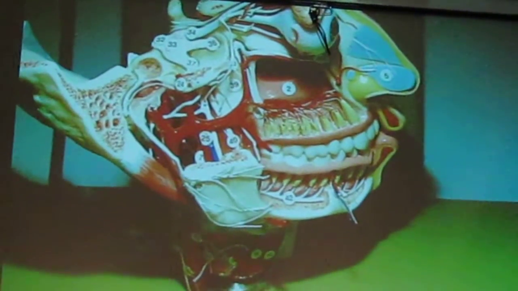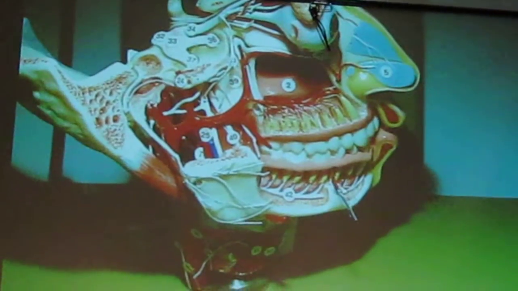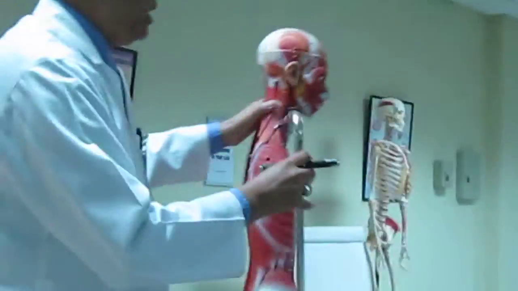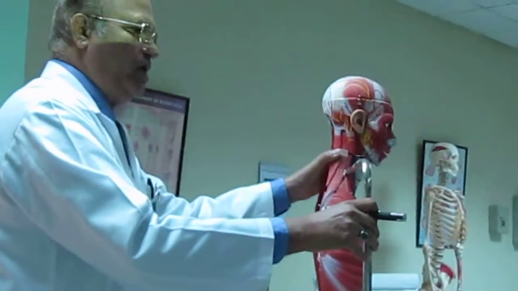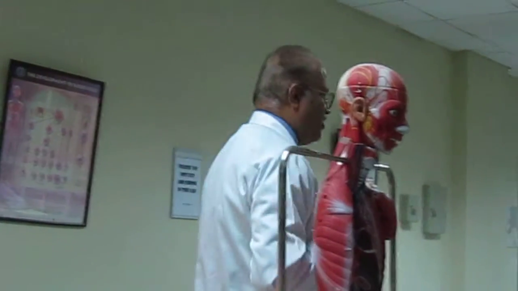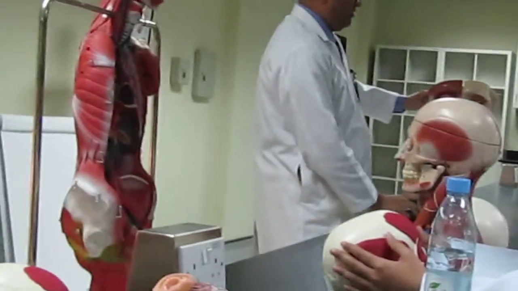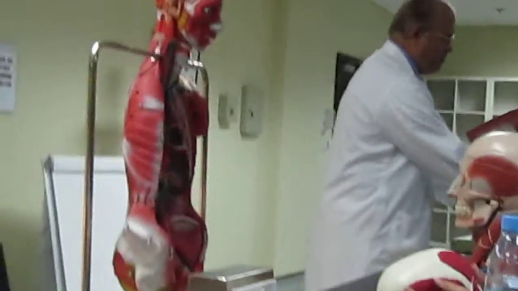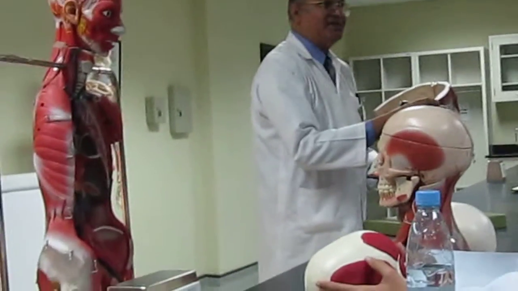Yes. Okay, if you have done it, now you can proceed to see those things. A lot of models over here. I only described these because these were important. Now you will see we have this model, very informative, where you can locate the muscles. We have only one such model, so all of you should see. We have one such model here, where you can see the muscles of the face.